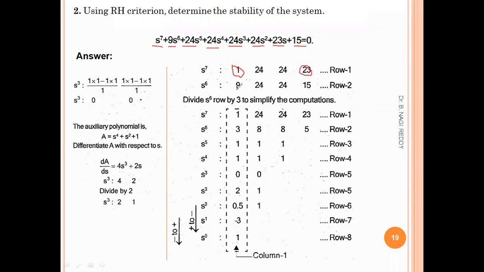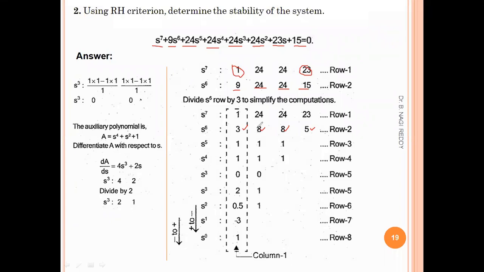But in the second row, 9, 24, 24, and 15 are all multiples of 3, so we can divide each and every element by 3. 9 by 3 gives 3. 24 by 3, 8. Sorry for that. And 24 by 3, again 8. 15 by 3, 5.